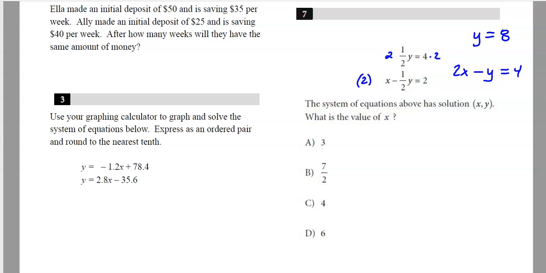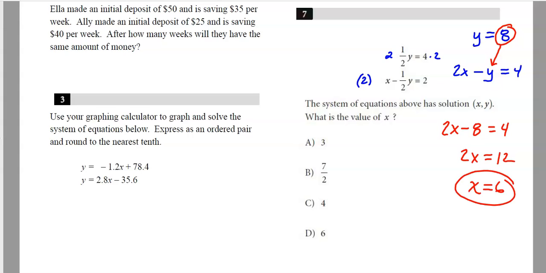And I'm just going to use substitution here. I'm going to take that 8 and drop it right in there. 2x minus 8 equals 4. Add 8. I get 12, divide. I get x equals 6. And that's what they want. Correct answer, D. All right, that one was straight off of the SAT.